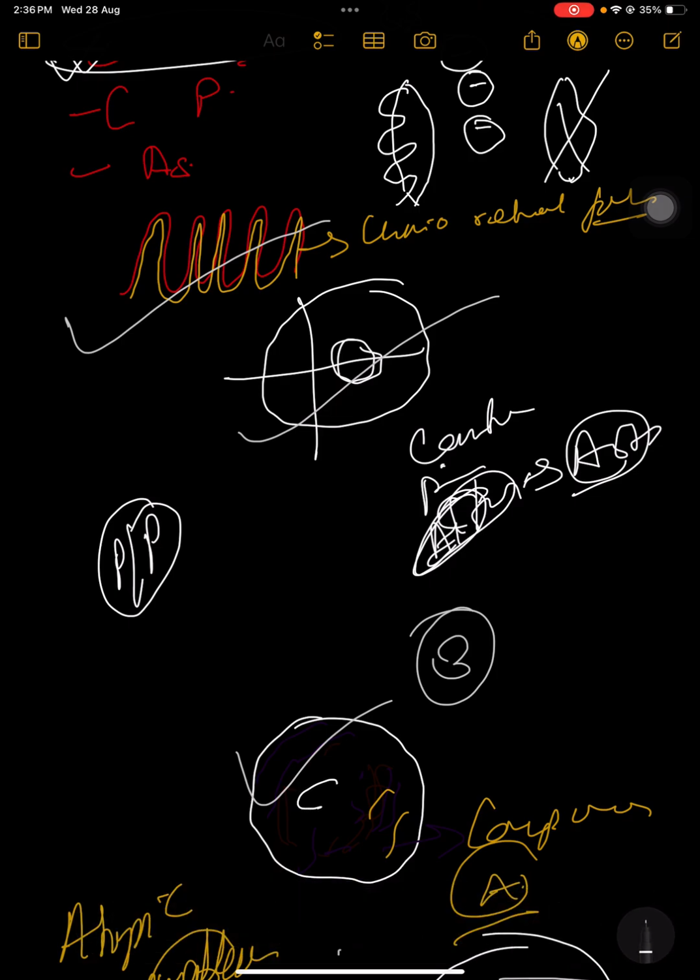The optic disc looks like a champagne cork, like this. Actually champagne cork is like this, the one with which you open your wine bottle, right? Now the optic disc will look like this. This is excessive blurring.